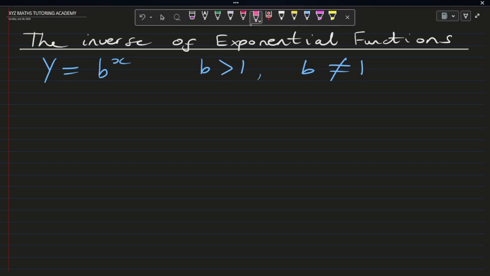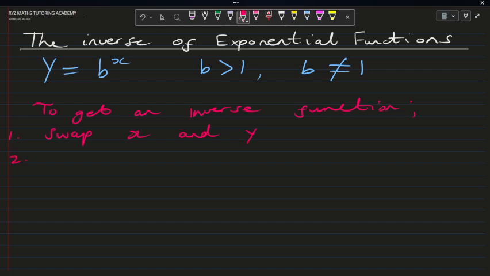To get an inverse function for any function, we have to follow these basic steps. Step number one, we need to swap the variables x and y.